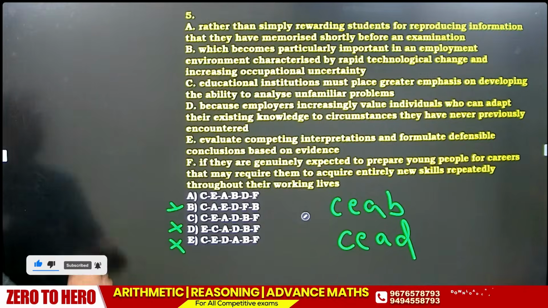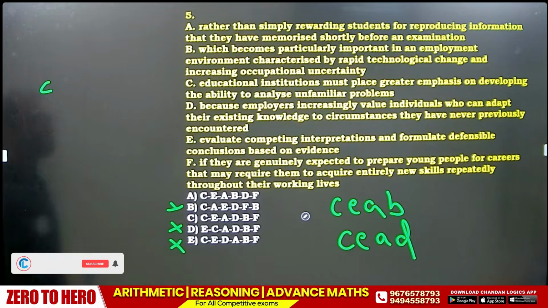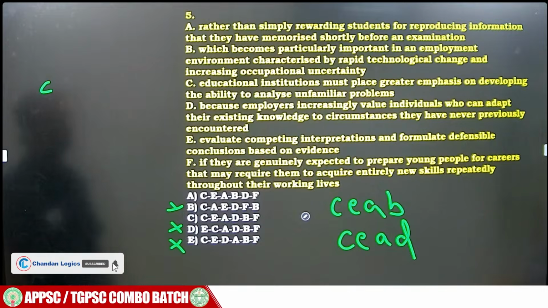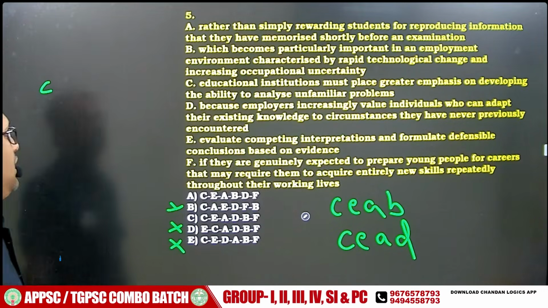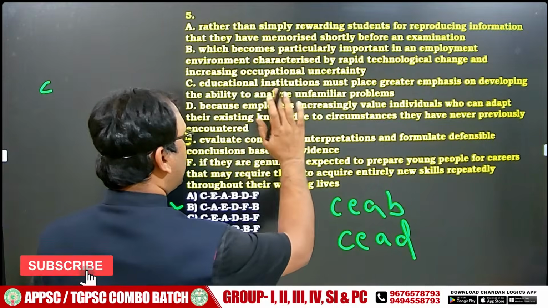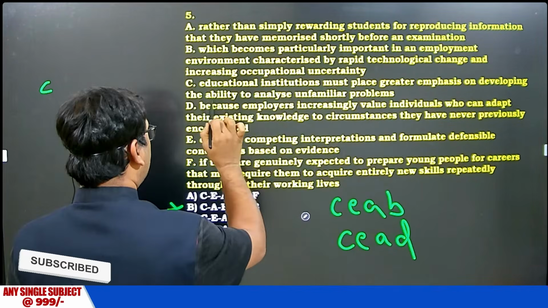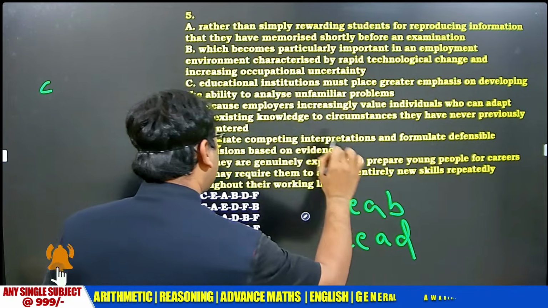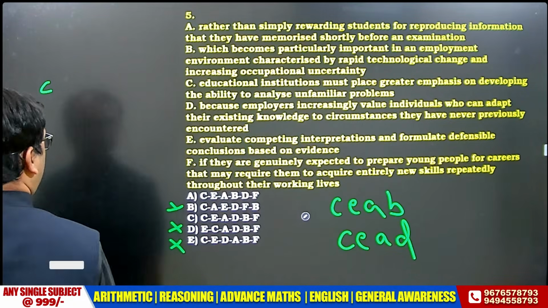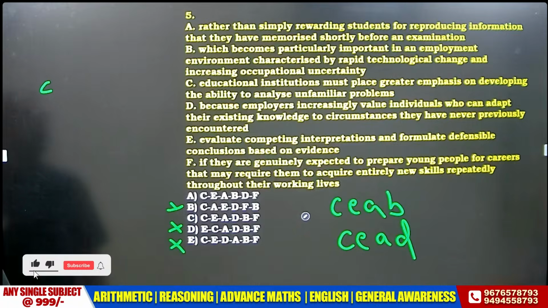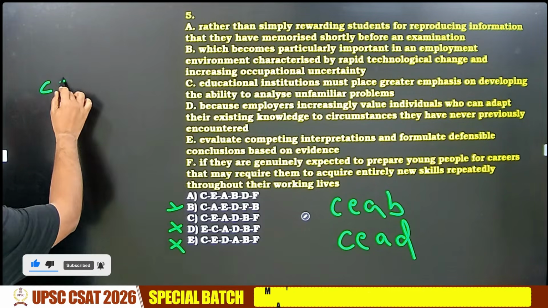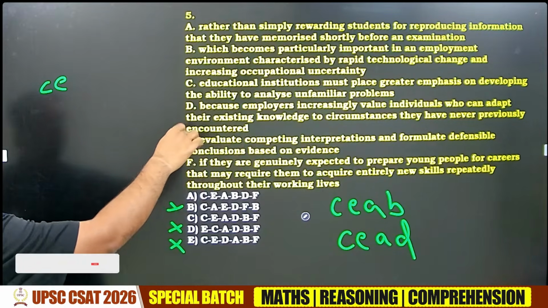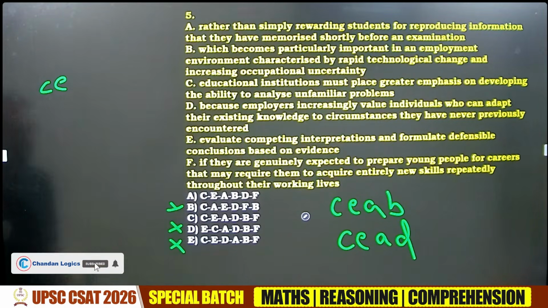Educational institutions must place greater emphasis on developing the ability to analyze unfamiliar problems. Very nice. Education institutions must focus more on developing the ability to analyze difficult problems. No doubt, 100% correct. To analyze unfamiliar problems, comma. There is no comma there, but there should be a comma as per the meaning.